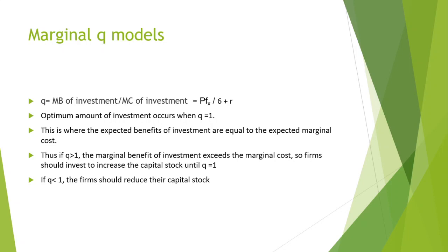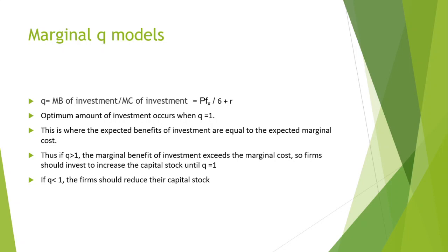And PFK means, investment is made in order to produce a commodity, sell it in the market, and earn profit. If the price of the product is high, then the marginal benefit out of investment will also be high. And FK denotes the productivity of capital. So when the productivity of capital is high, the marginal benefit of investment will also be high.